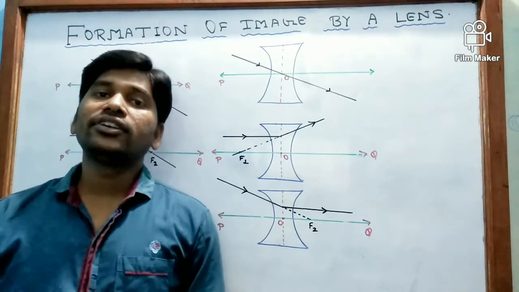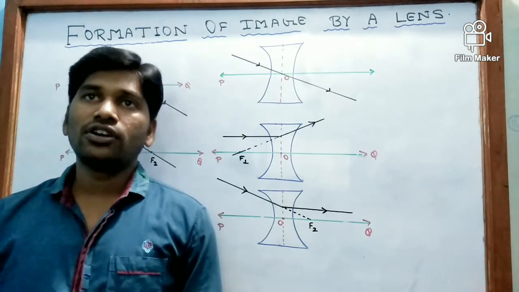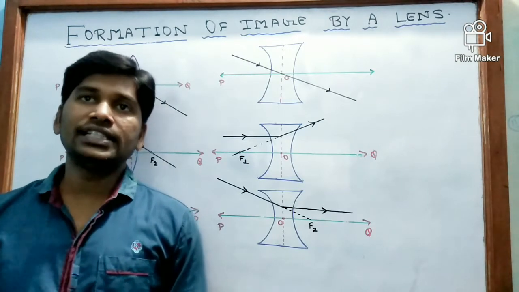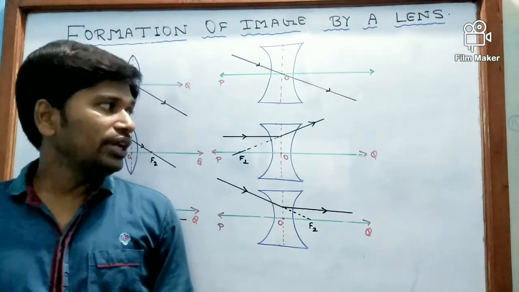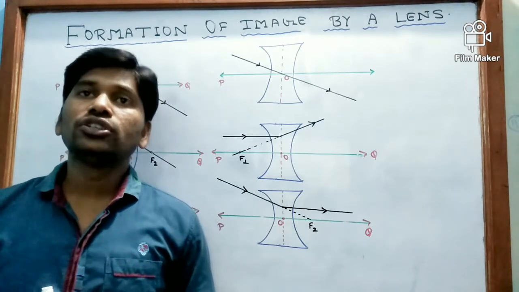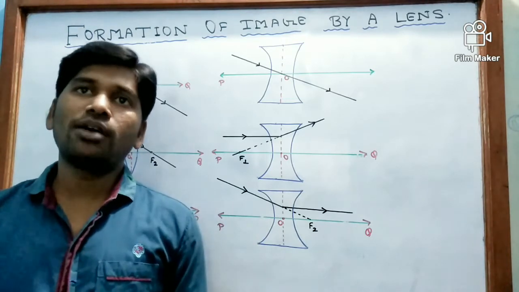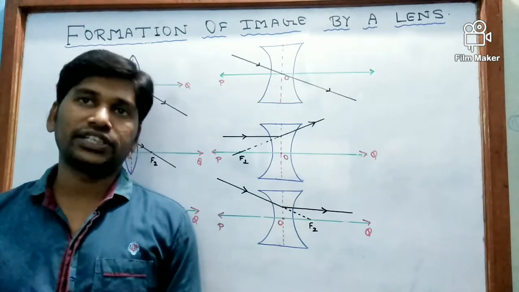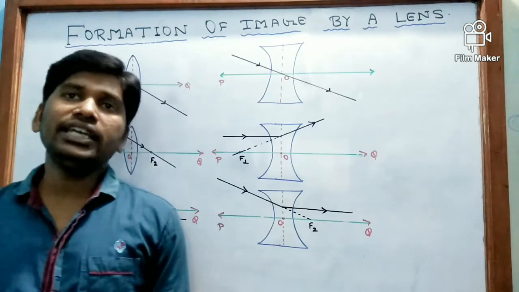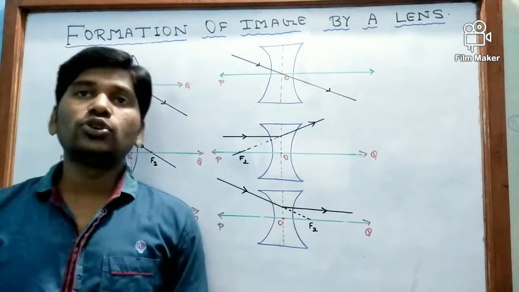To find the position, size and nature of the image of an object formed by a lens, we first need to consider at least two rays starting from a point on the object, and this can be taken from certain rules.